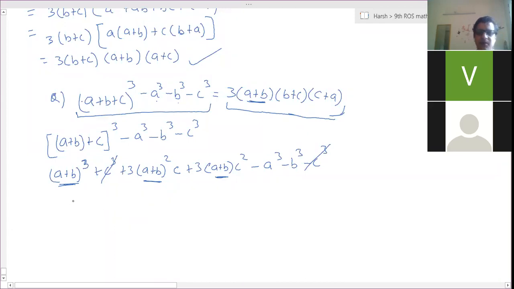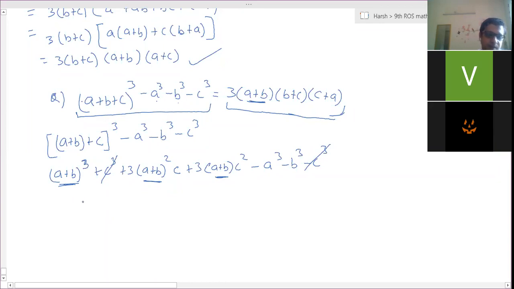So a plus b the whole cube. I'll call any one of you. Kaushal, a plus b the whole cube, quickly tell me, answer me. Sir, a plus b the whole cube. What is the formula?